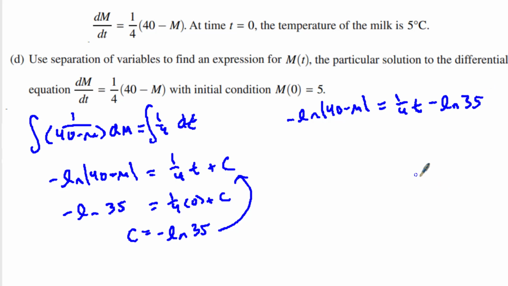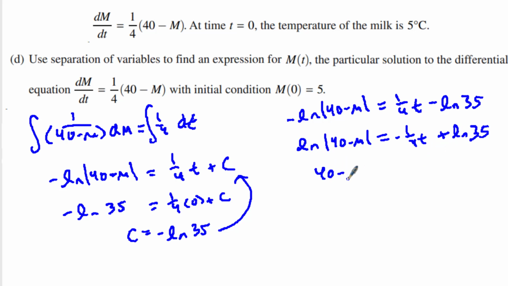Now it's just going to be a bunch of algebra from this point on. I'm going to move over my negative: natural log of (40 minus M) equals negative 1/4 t plus natural log of 35. I'm going to do the algebra of natural log, which is e to the.